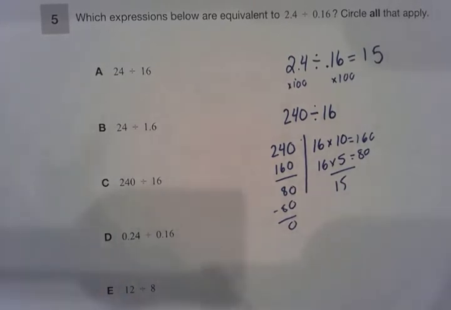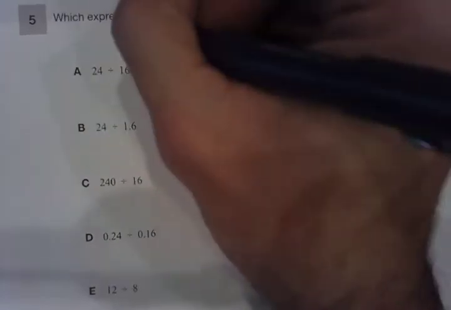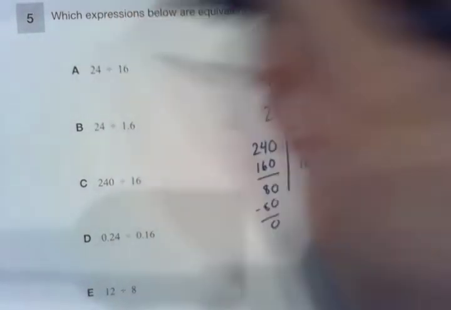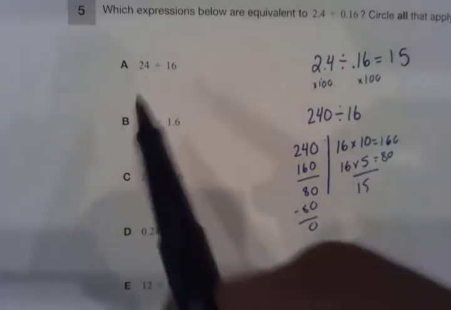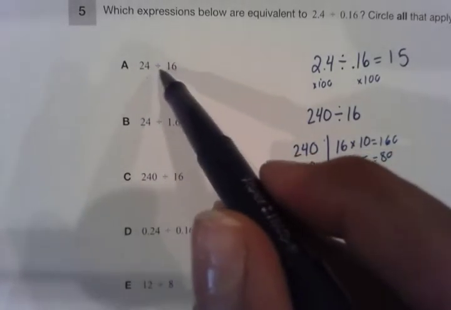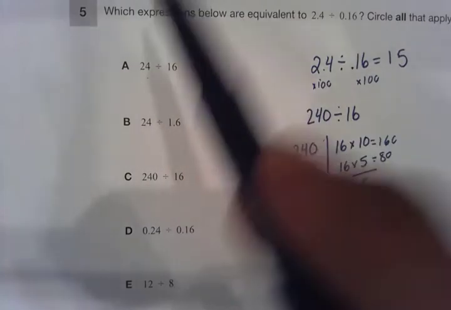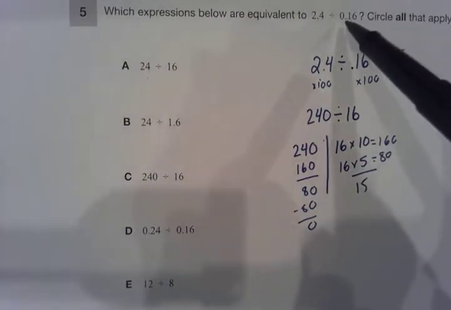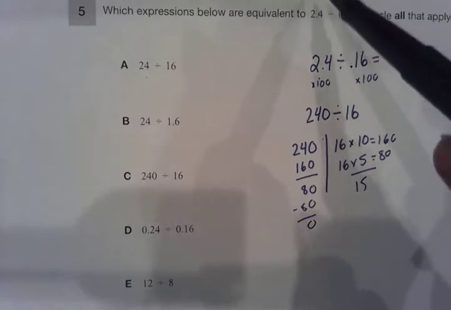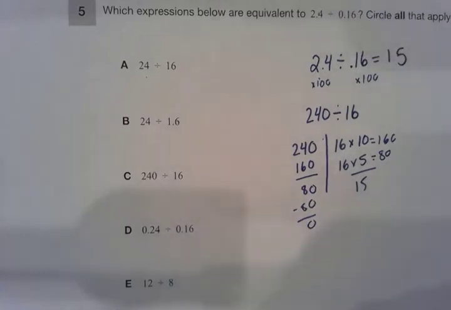So here we're doing A, which is 24 divided by 16. There are two ways we could really solve this: actually solve what 24 divided by 16 is, or see how these choices, A through H, manipulated our numbers, and if they did to one number what they did to the other, then we're also going to get the same answer.